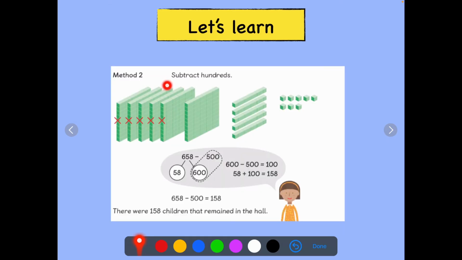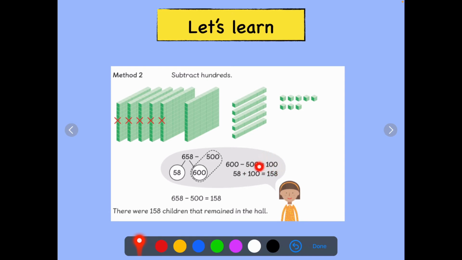Method 2. Subtract hundreds. We can show this through a number bond. We split 658 into 58 and 600. Now we can subtract the hundreds. 600 take away 500 equals 100.